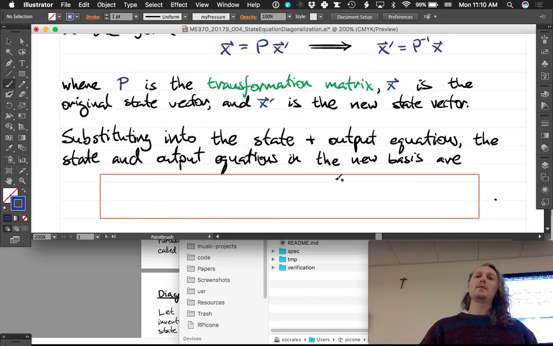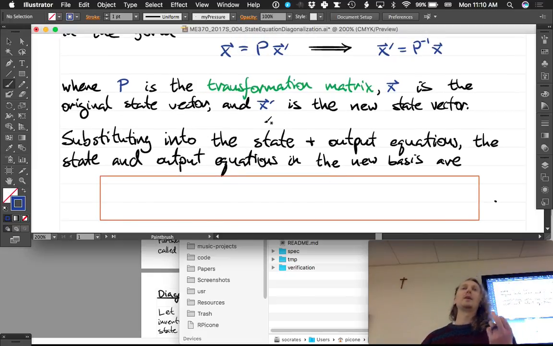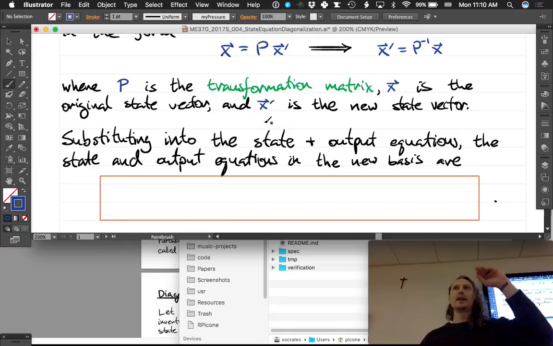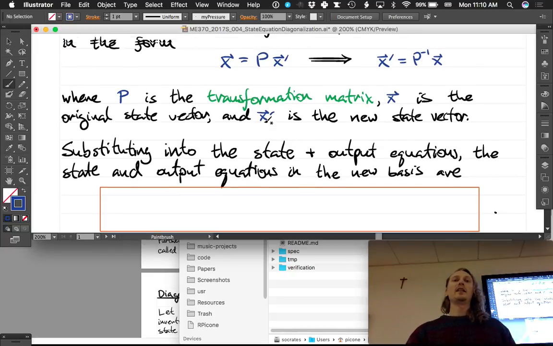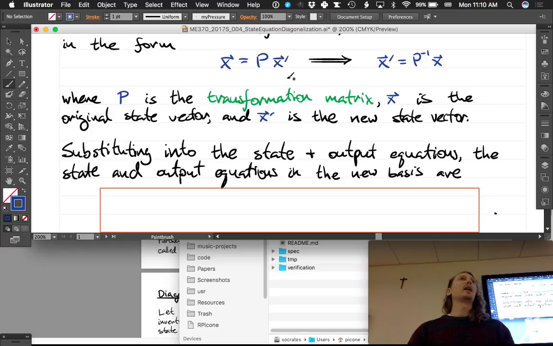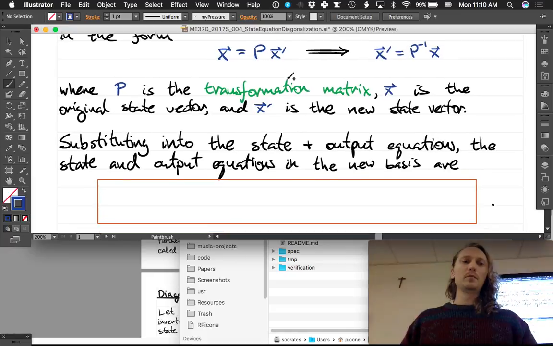We just take the state equation, which is just x dot equals Ax plus Bu, right? And we just plug in x equals Px prime. And we just simplify it down and write it as x prime dot equals whatever the new A matrix is, times x prime, plus whatever the new B matrix is, times u. Okay, so that's all we're going to do. It's pretty straightforward, just plugging it in and moving things around.